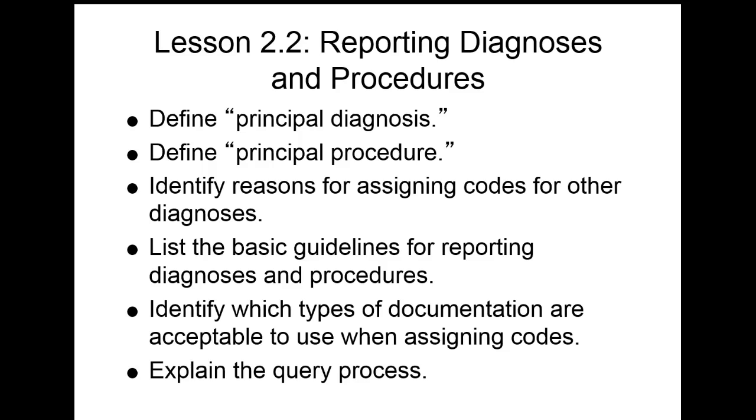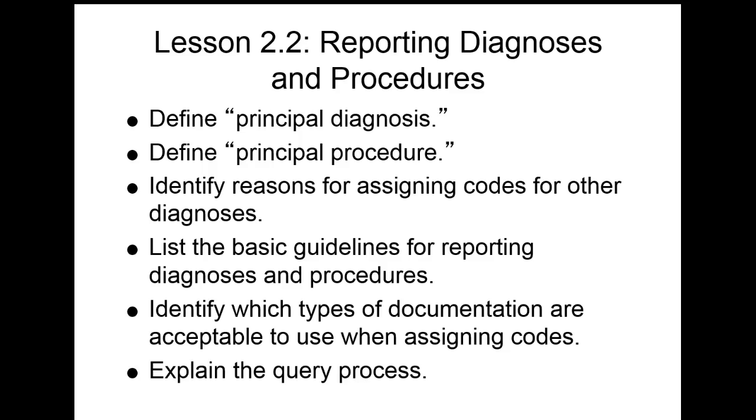And when we code an abstract, we define and pull out the admitting diagnosis, the principal diagnosis, any secondary diagnoses, the principal procedure, any secondary procedures. If patients have procedures, many times we're abstracting the date of those procedures, the surgeon for those procedures.